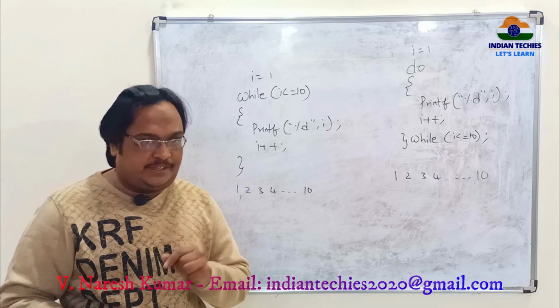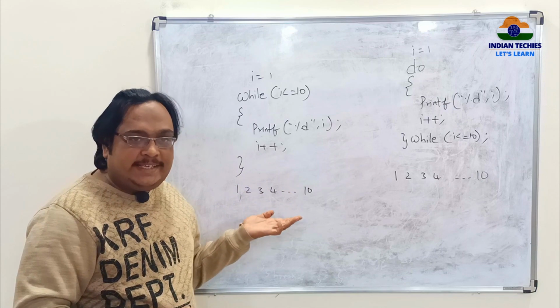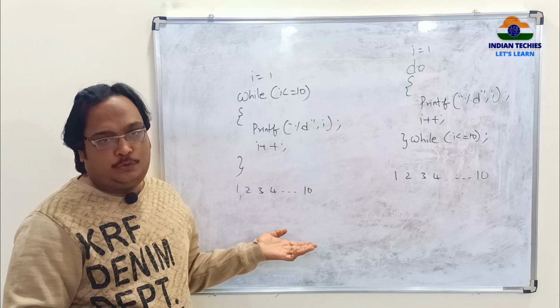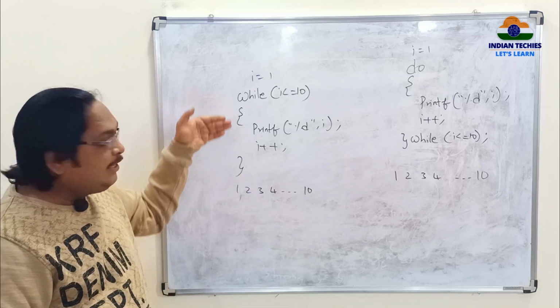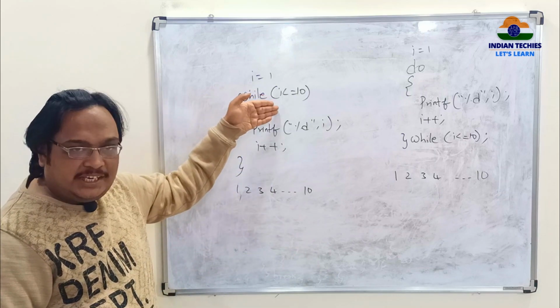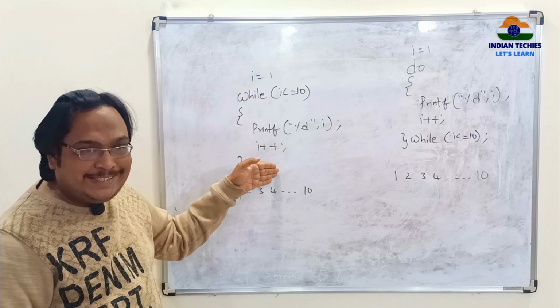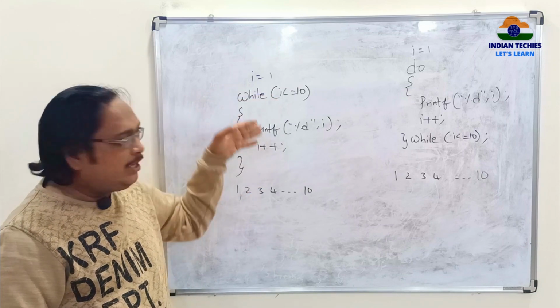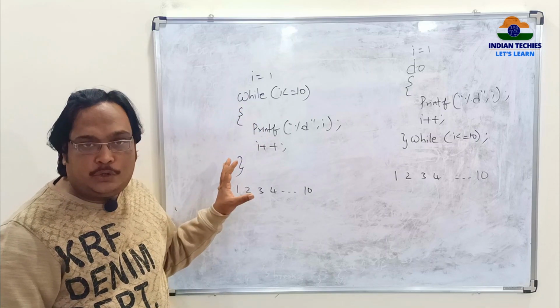Now, coming to the first difference, while is an entry controlled loop. What do you mean by entry controlled loop? Before entering the while, first it checks the condition. If this condition is true, then only it goes inside the while loop and executes the while block. So while comes under entry controlled loop.